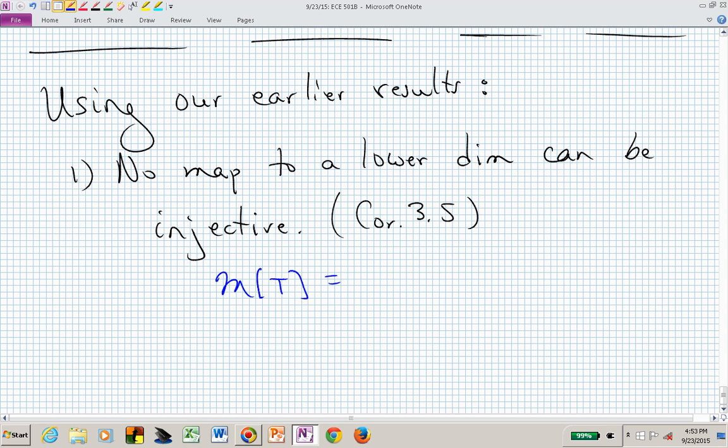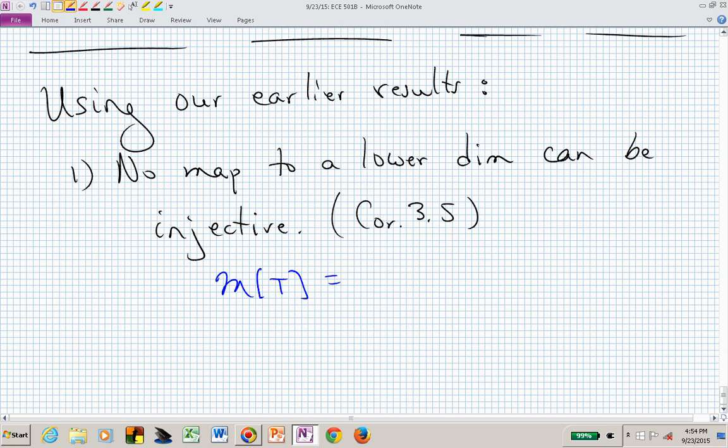We're going from big to small. What's the output? Small, right? The output is the rows. The inputs are the columns of our map. So the matrix representation of this looks short and wide, right?